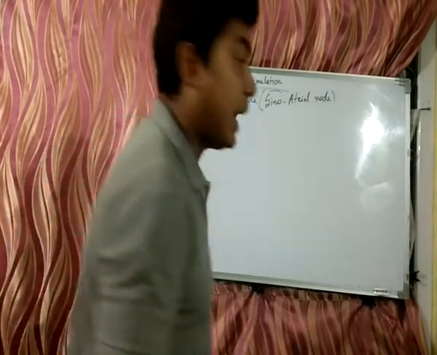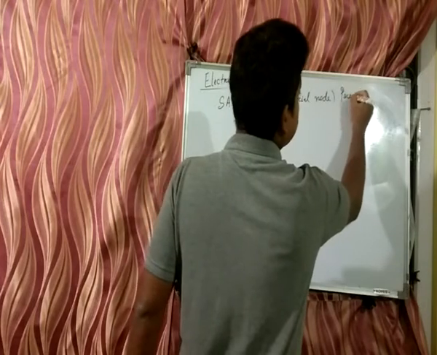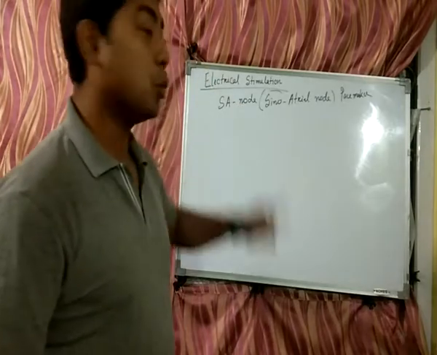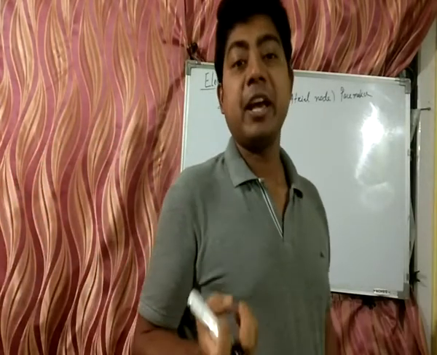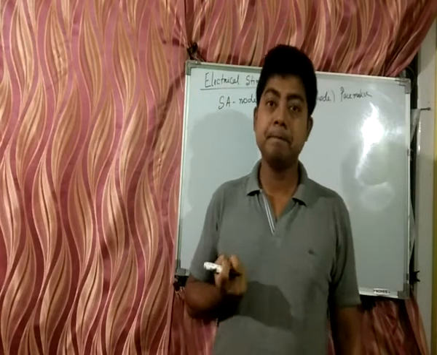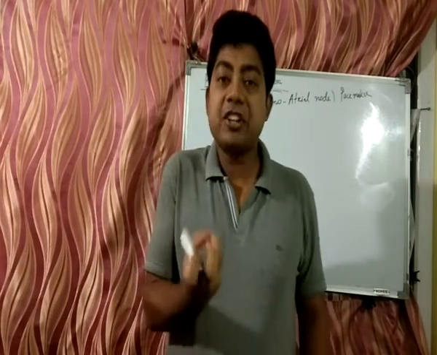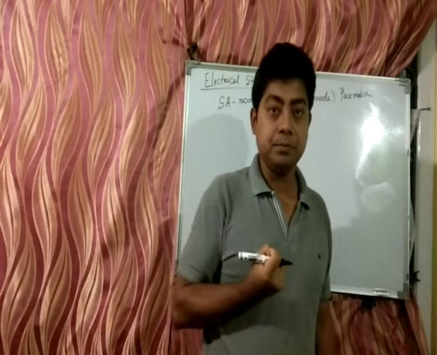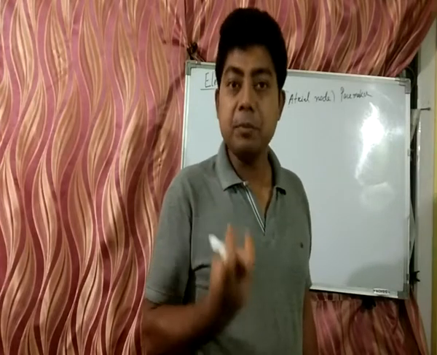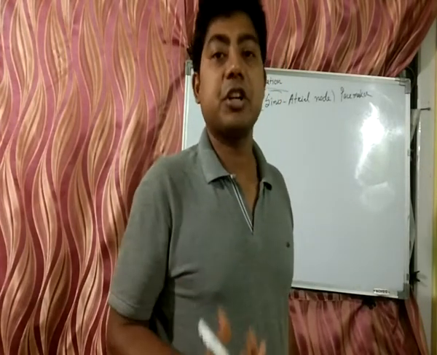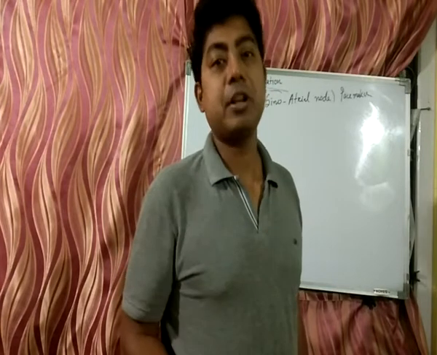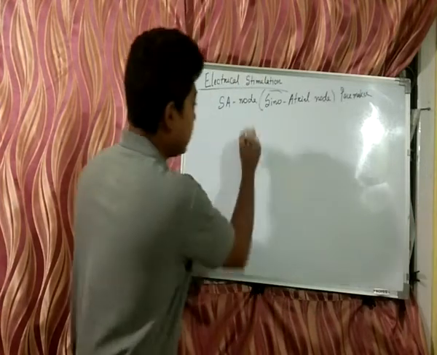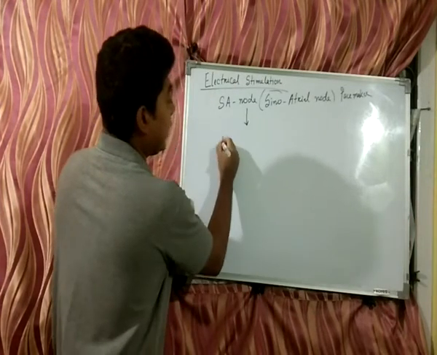This is also called the pacemaker of the heart. This SA node creates the action potential, and this action potential creates contraction, systole, in the atria. From this SA node, the impulse moves to the AV node.